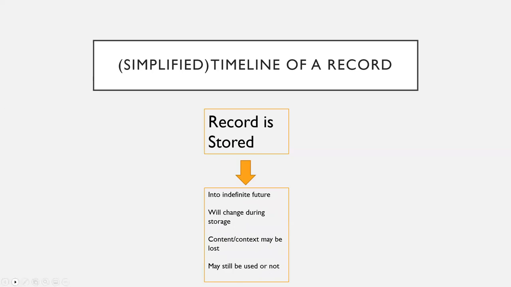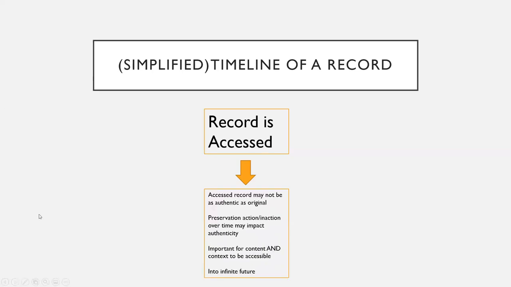Okay, and then finally, we have our stage where the records are accessed. So it's important to note that most likely the records that researchers access are not going to be as authentic as the original due to changes that can occur to the records due to storage, due to preservation actions that archivists have taken.